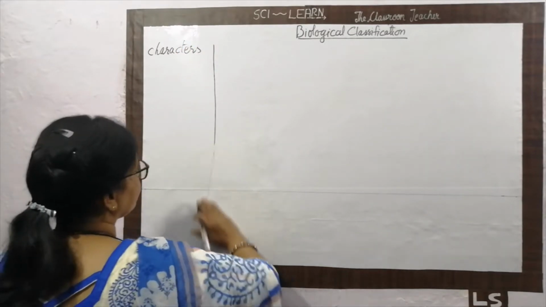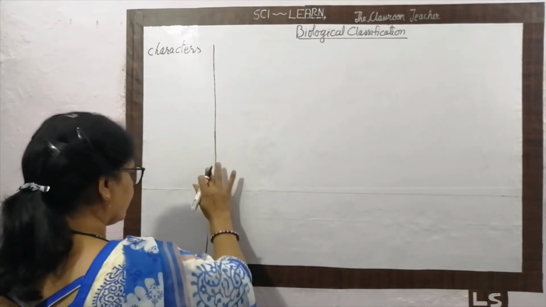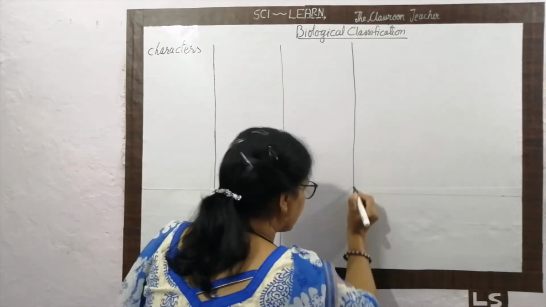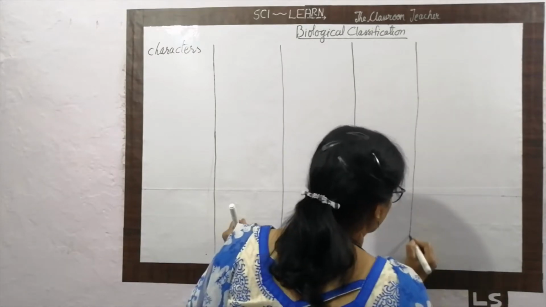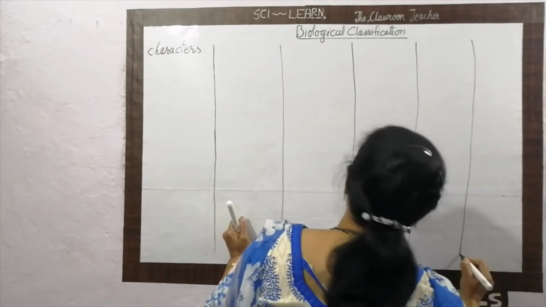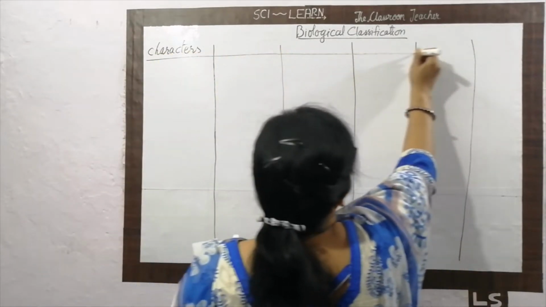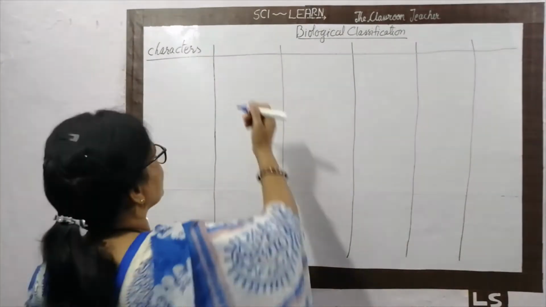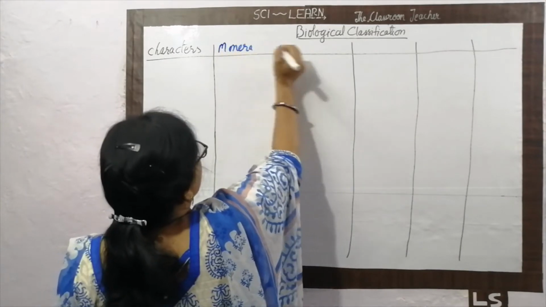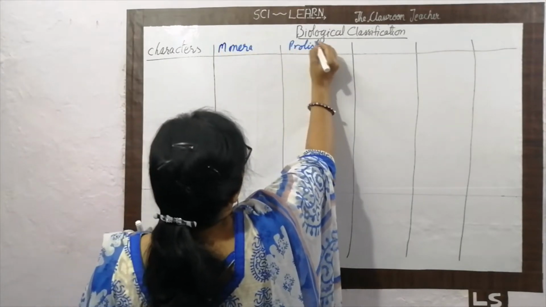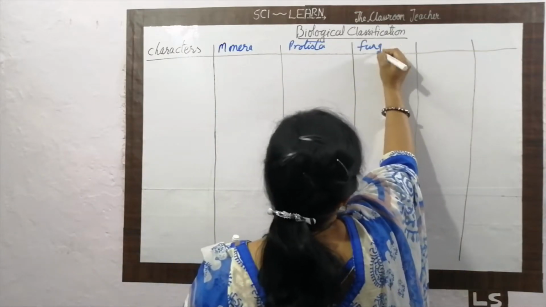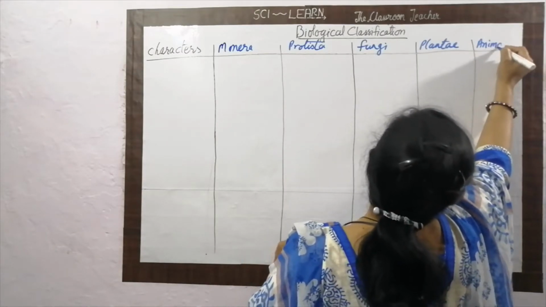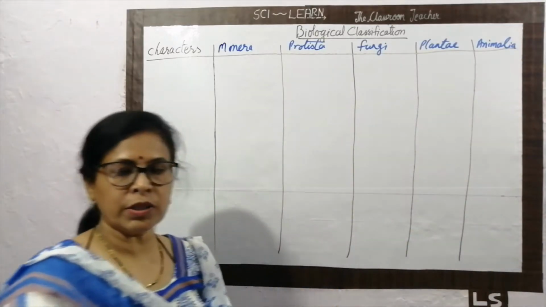Now we have the 5 kingdoms: Monera, Protista, fungi, plantae and Animalia. These are the 5 kingdoms proposed by Whittaker.